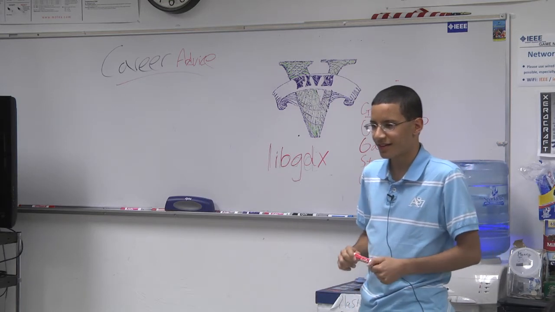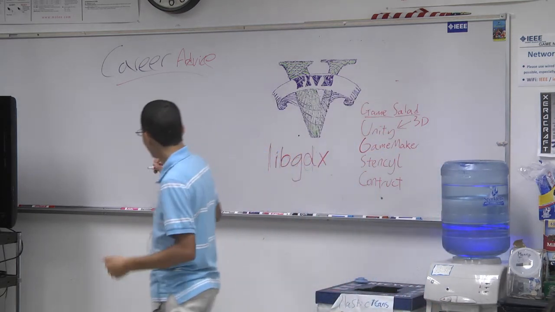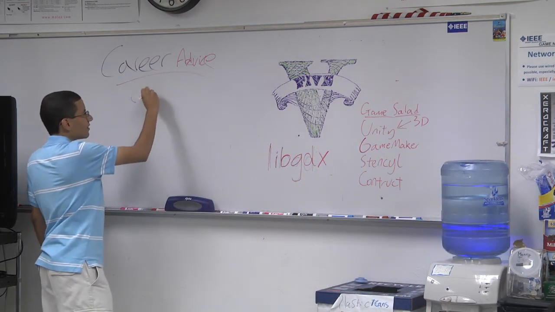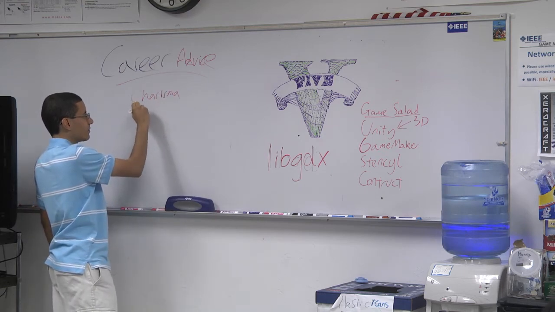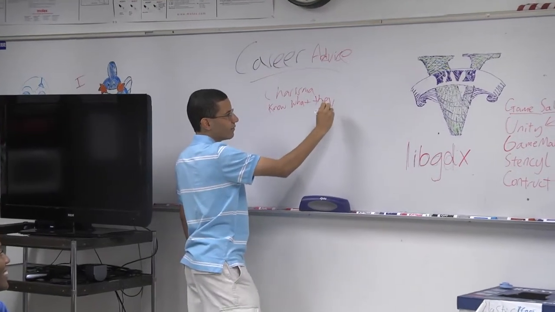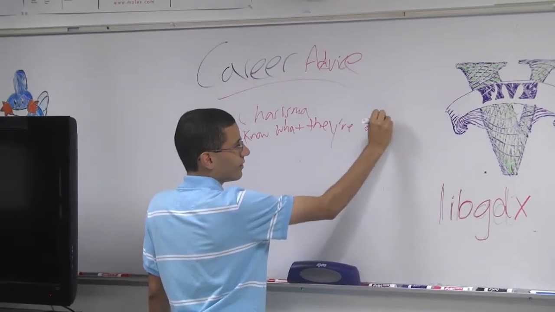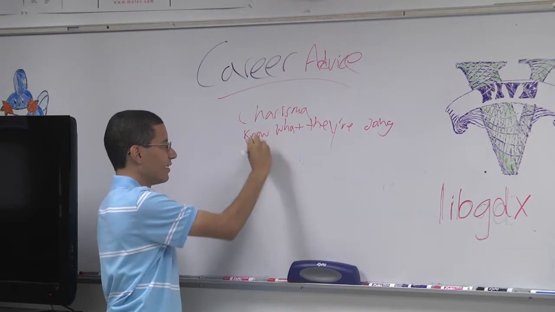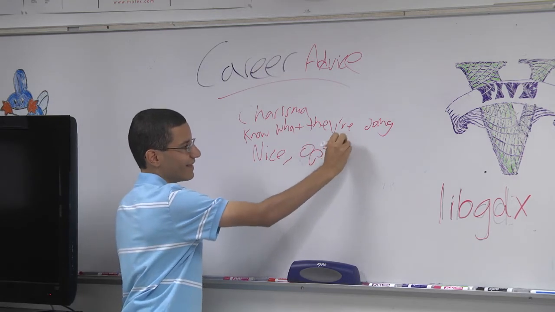Charismatic. Good communication. Someone who makes me want to be better. Someone who knows what they're doing, unlike me. Or if they don't know what they're doing, at least they try. They don't give up. Someone who's not pessimistic. Optimistic.